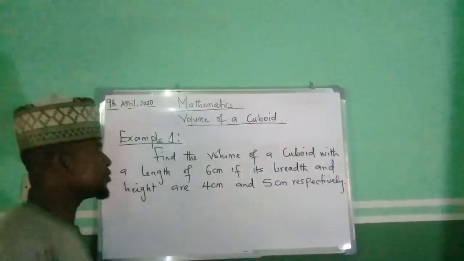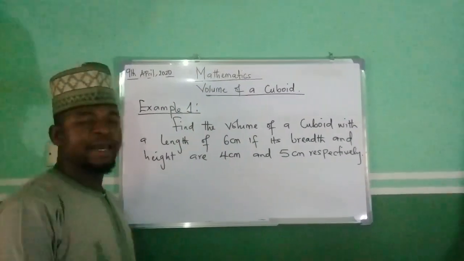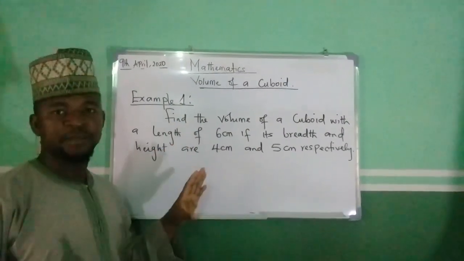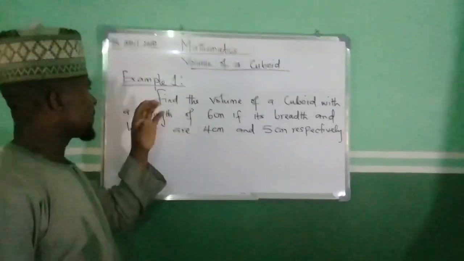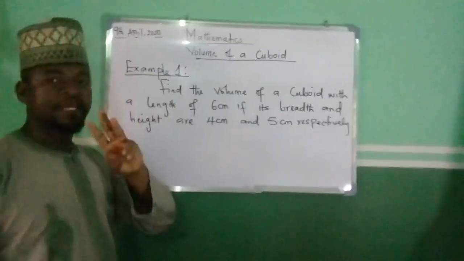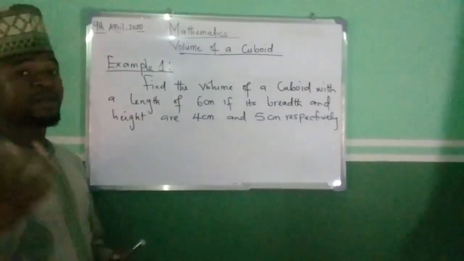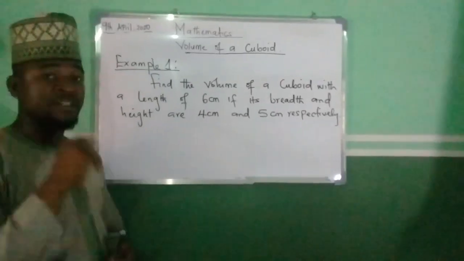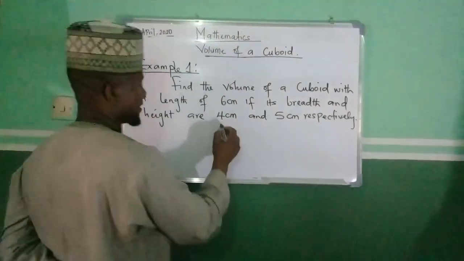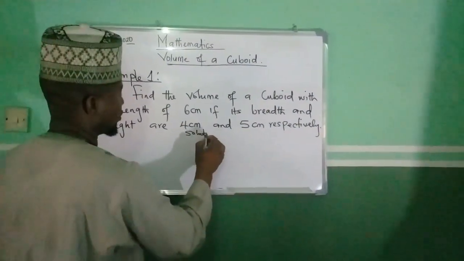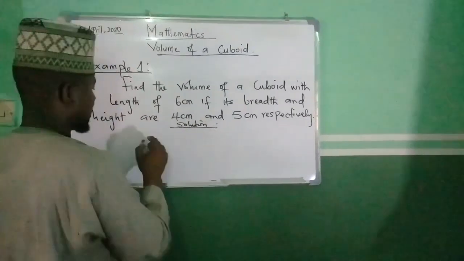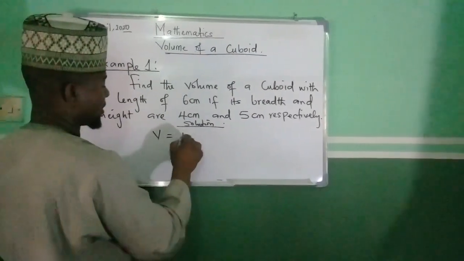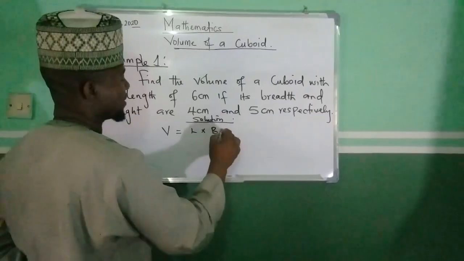Now the first thing for you to do is to identify what parameters you have been given. As you can see here, from this question we have 3 parameters, meaning the formula that is applicable to this is the first formula, which specifies that the volume is what? Length times breadth times height.